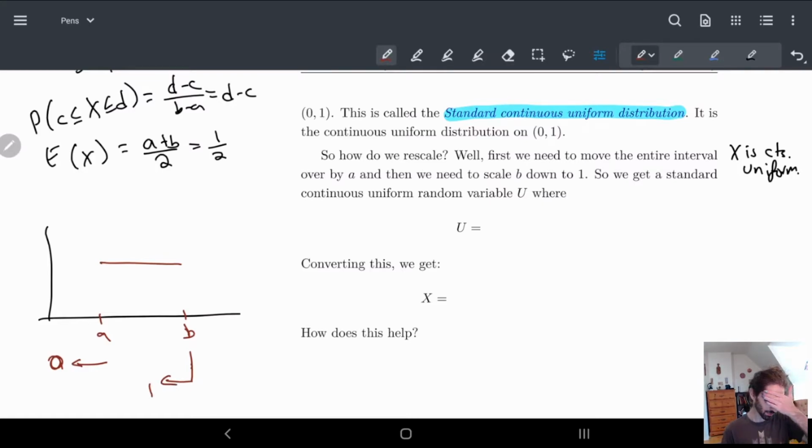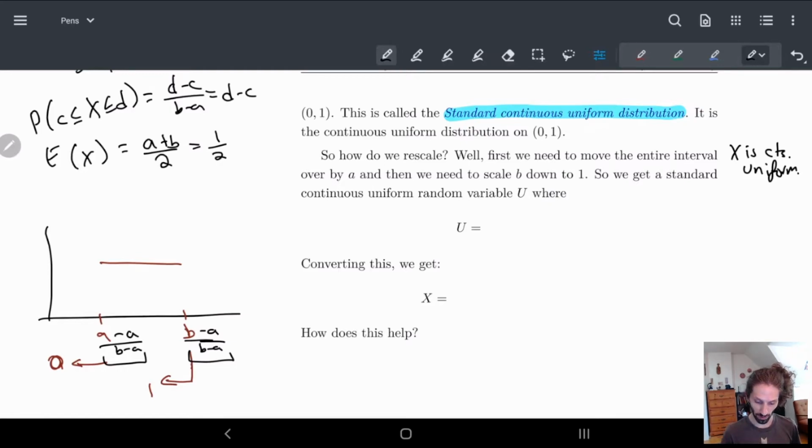So basically we need to subtract everything by a, and then I need to divide by b minus a, in order to make everything be what we want, right? So this will give me 0, and this will give me 1, right? A minus a is 0, b minus a divided by b minus a is equal to 1.